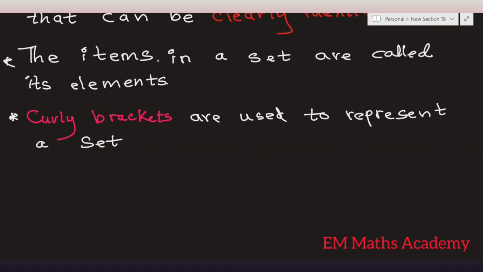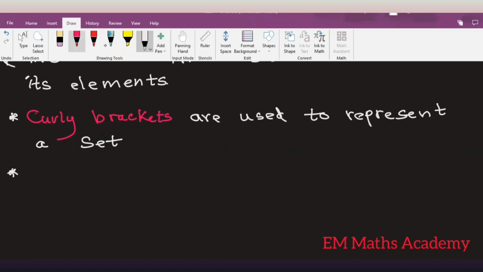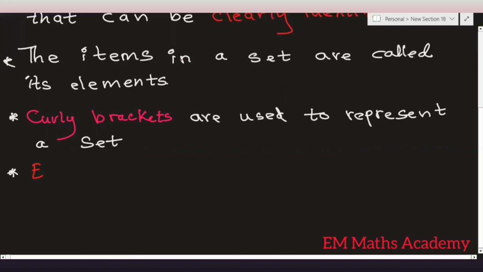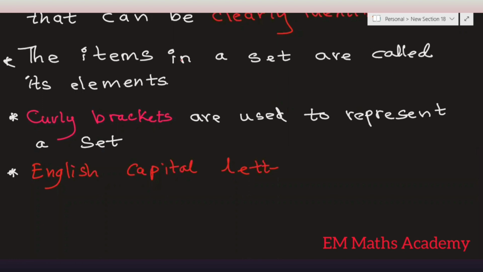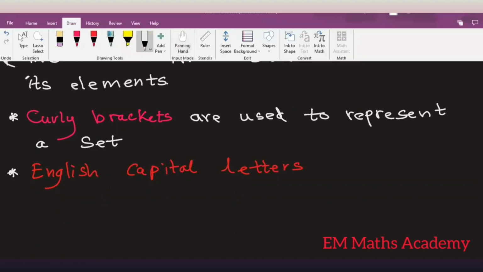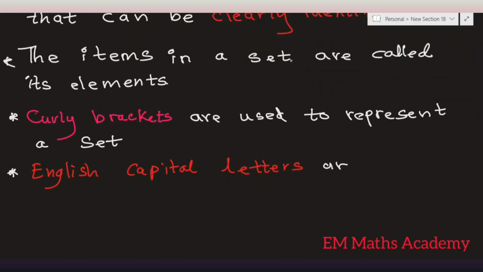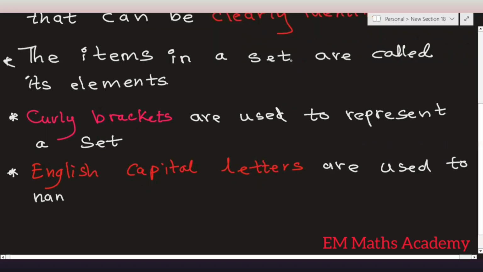And the next important thing about a set is that we name a set using English capital letters. These are very basic things, and I think you should know about them. English capital letters are used to name a set.